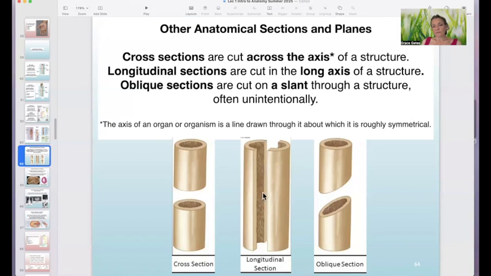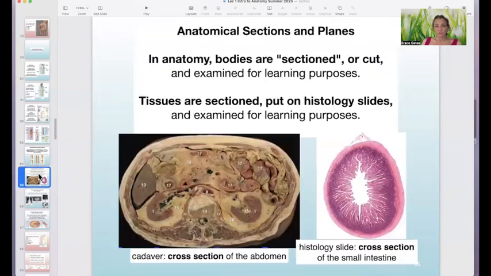And then oblique sections are cut on a slant through a structure, often unintentionally. So sometimes on histology slides, a cross section was done by mistake. The cut was a little oblique. I'm actually not aware of an oblique section that's done intentionally. Okay, so why are we cutting people and tissues?